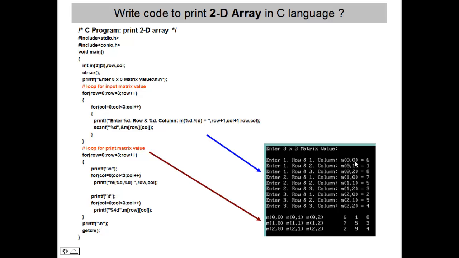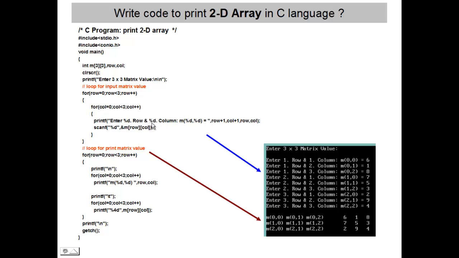This is the message which I am printing here: Enter %d row, where it is row plus 1, meaning row is initially 0 and row plus 1 equals 1.